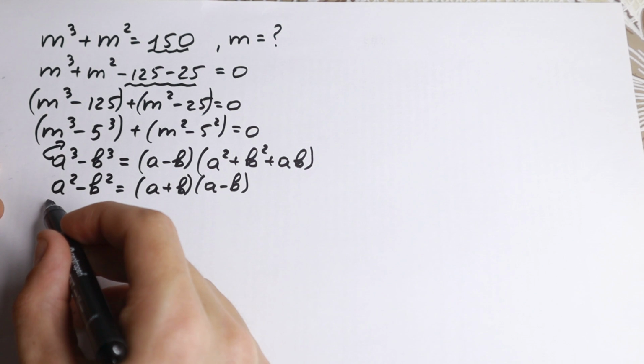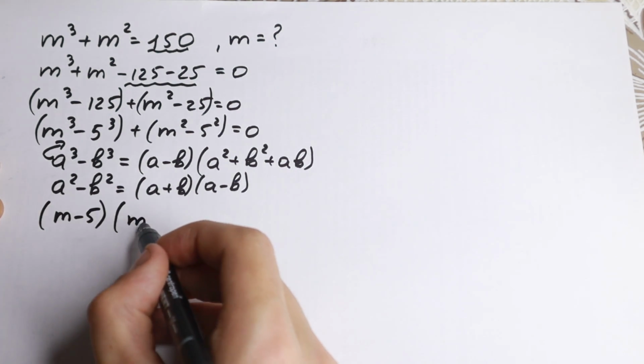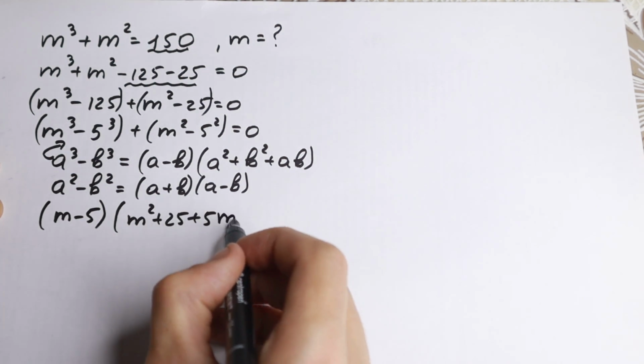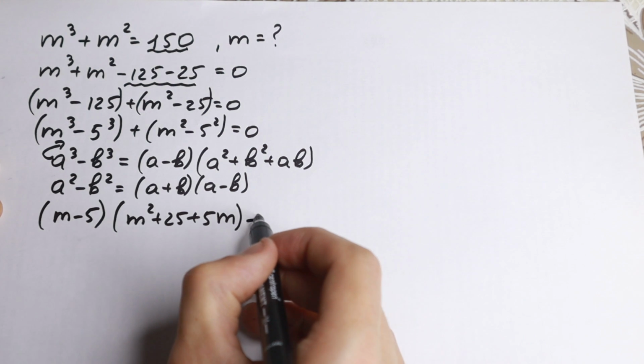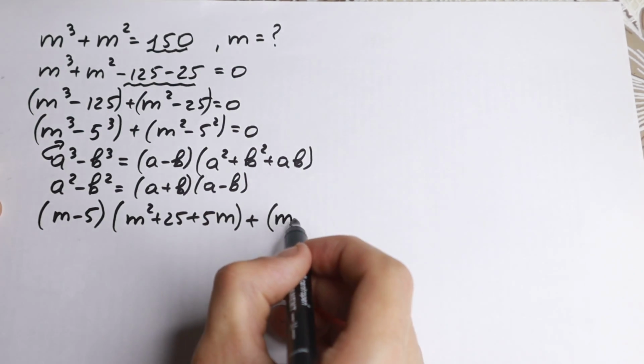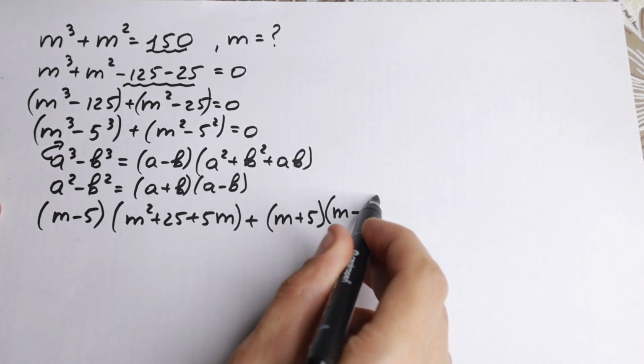As a result, the difference of cubes: m minus 5, in second parentheses, m squared plus 25 and plus 5m. This is our first formula. And the second, our identity, the difference of squares: m plus 5, and in parentheses, m minus 5.